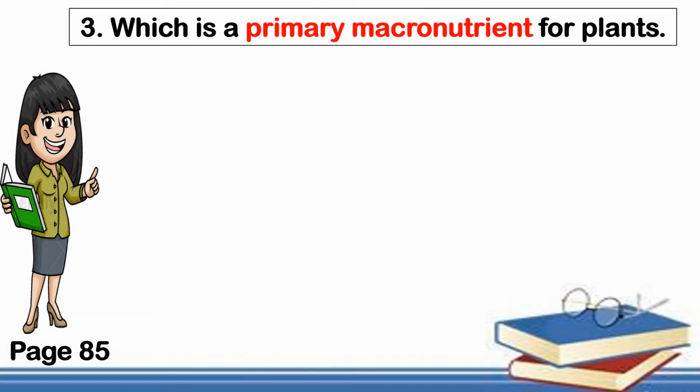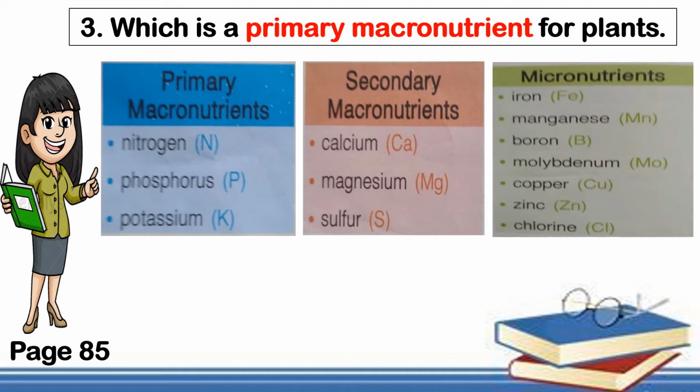Number 3. Which is a primary macronutrient for plants? Look at these pictures. We have primary macronutrients. You can see nitrogen, phosphorus, and potassium. The secondary ones are calcium, magnesium, and sulfur.